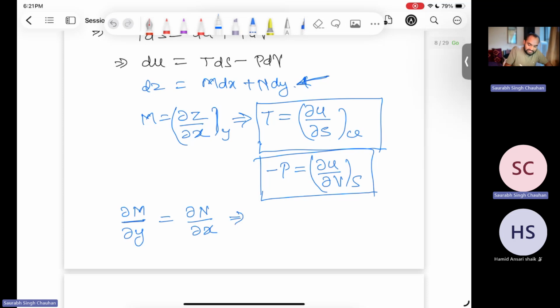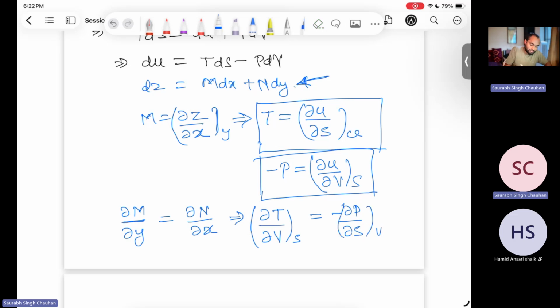So if you use the same condition here, partial derivative of this m, which is basically T, with respect to the second variable, that is V, at constant entropy, should be equal to partial derivative of minus p with respect to the first variable, S, at constant V. So this we got from the exactness condition.